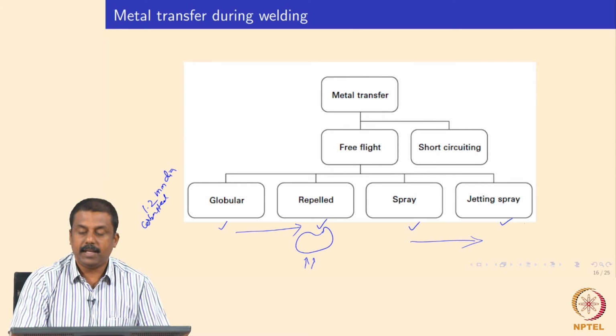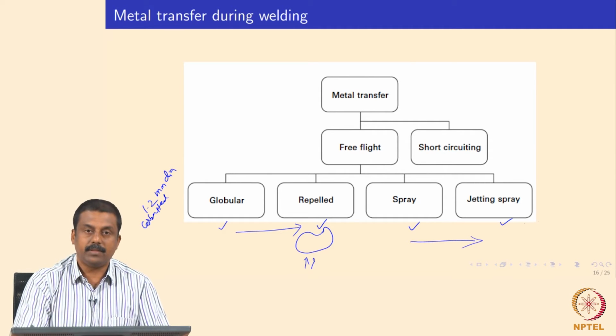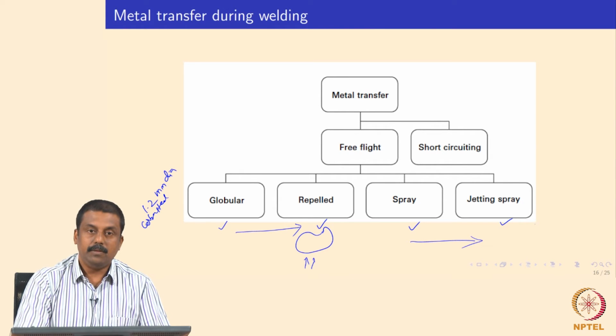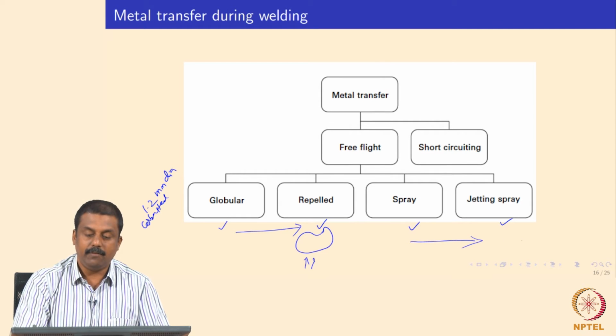So this kind of jetting spray can be used for some applications in coating. For example, if you are doing cladding, surface cladding applications where you need to have a very high productivity, you can have a jetting spray induced by increasing the current significantly.